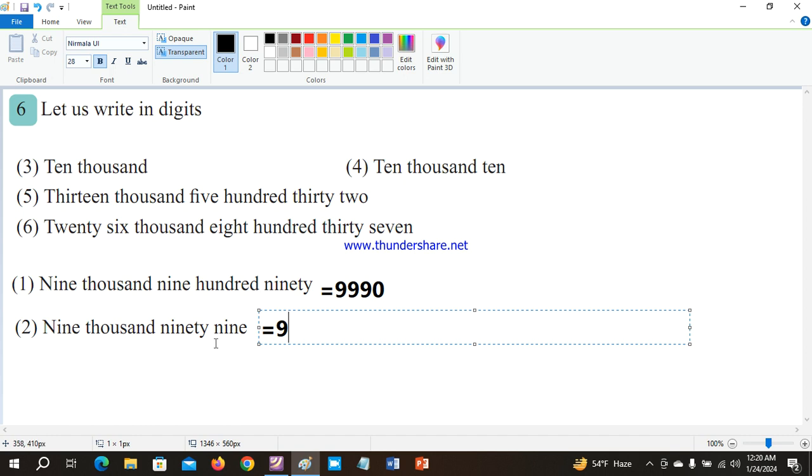There is no digit in hundreds place, so we have to use 0 in hundreds place, and then we write 9 and 9 in the tens and ones place. So 9,099 is equal to 9099.